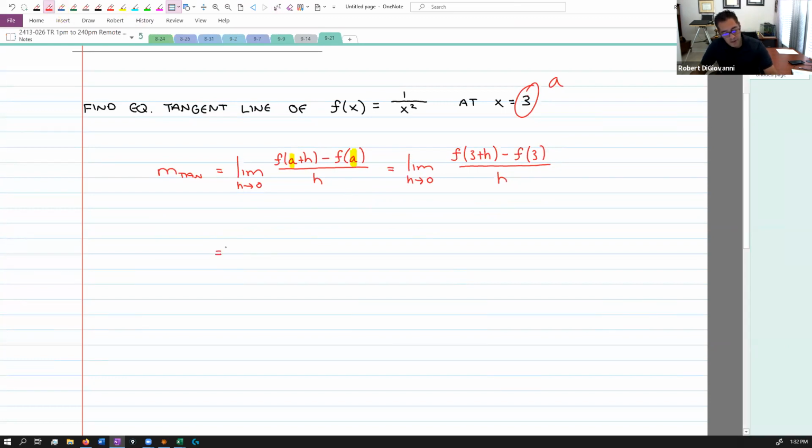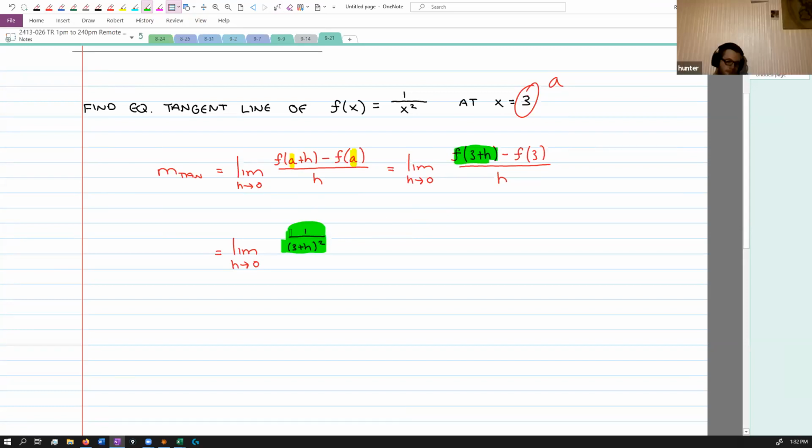Now we actually have to figure out what the function is going to do with those inputs. So when I plug 3 plus h into this particular function, it will give me 1 over (3 plus h) squared. Do y'all agree? That's the top left corner of this. That's what happens when you plug 3 plus h into that function, right?